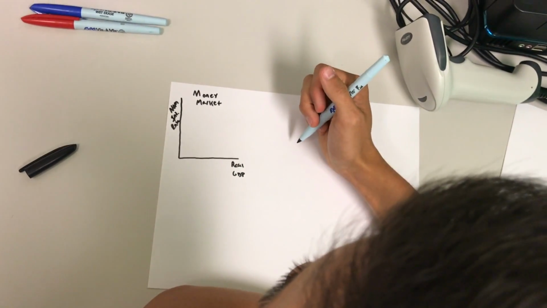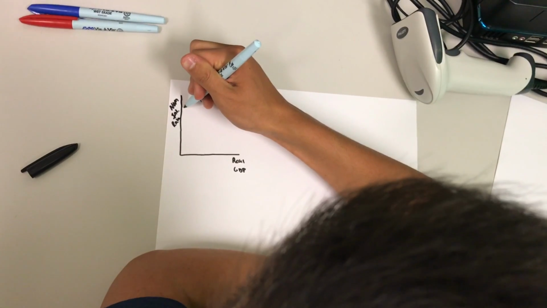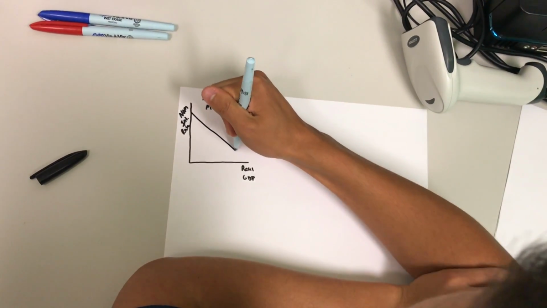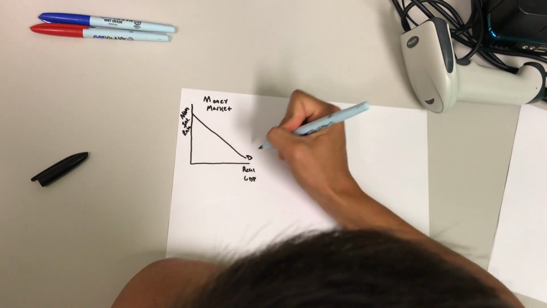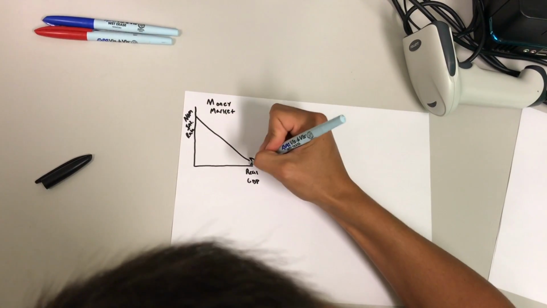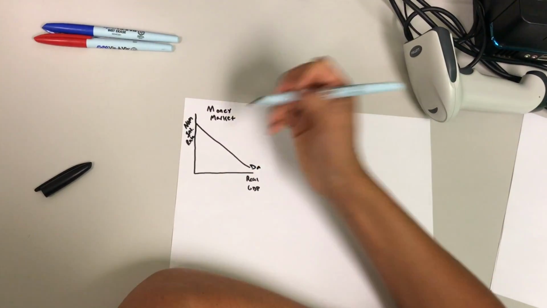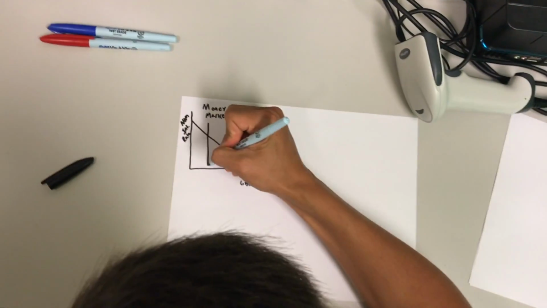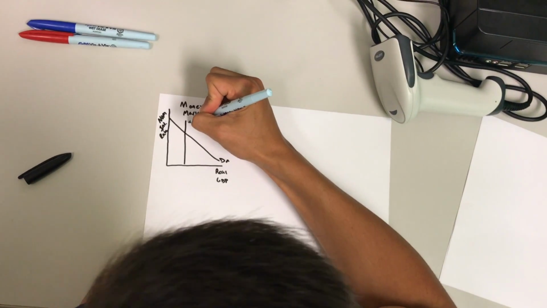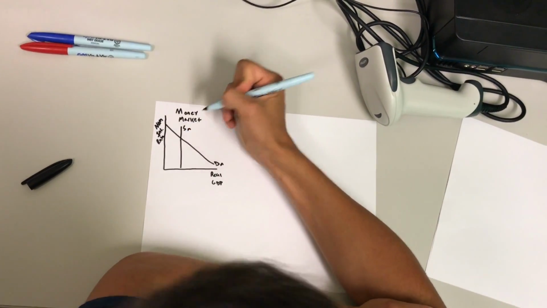And the aggregate demand and the supply, that's the money demanded, so D sub M, and then this is the money supplied, so S sub M.